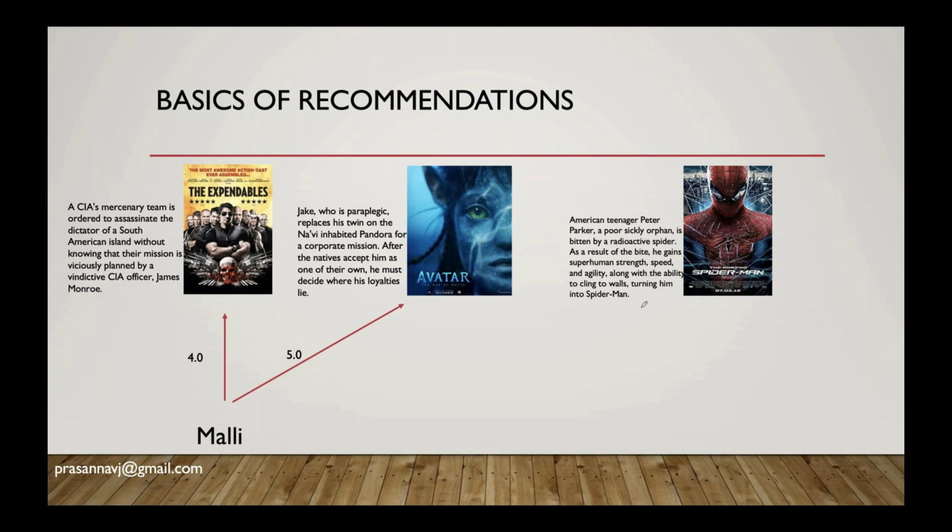It could be an action movie, a sci-fi or a fiction movie, and so on. This information is by default available at Netflix. So Netflix already has this detail, and when the user interacts with the movies, he also provides some more detail, assuming he gives a rating for Expendables and Avatar, as the first user.